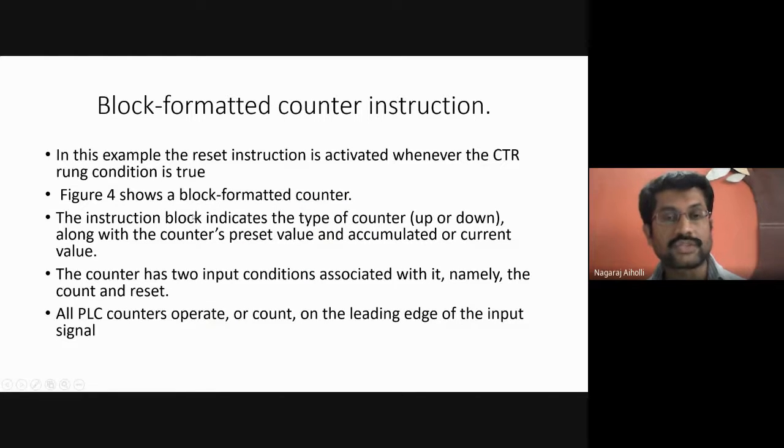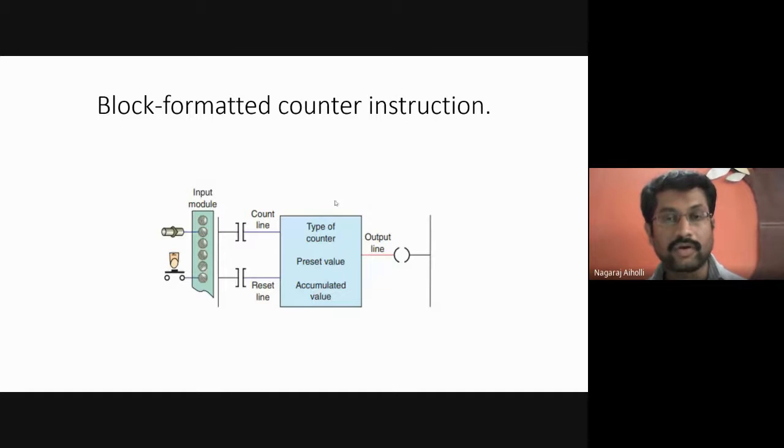The next figure shows the block formatted counter. Block formatted counter is in the form of a block, as we can see in this figure. Here it is the input, which is for sensing the counting operation. Suppose this is a proximity switch.